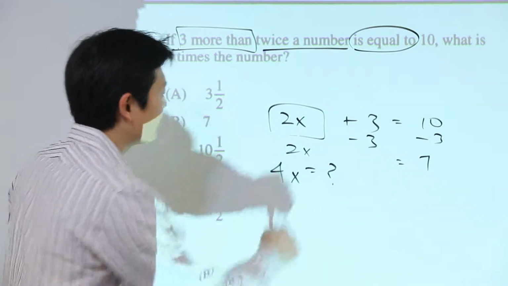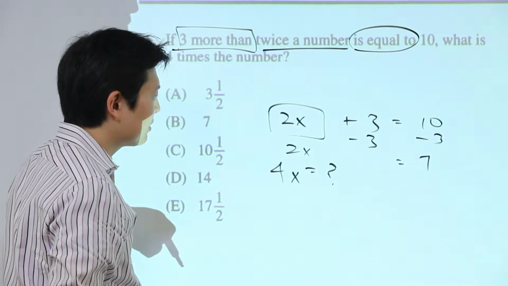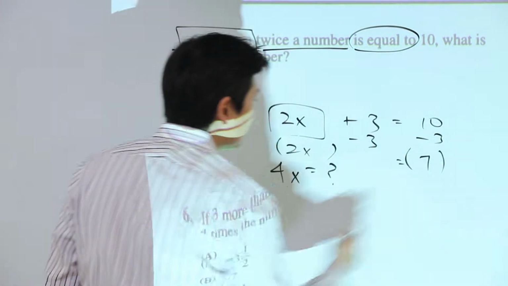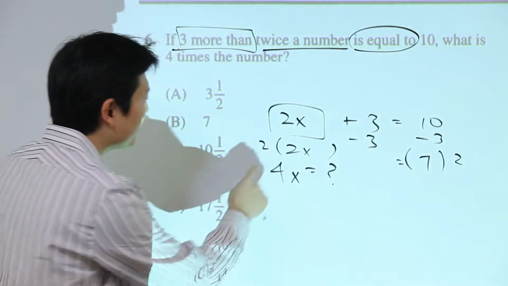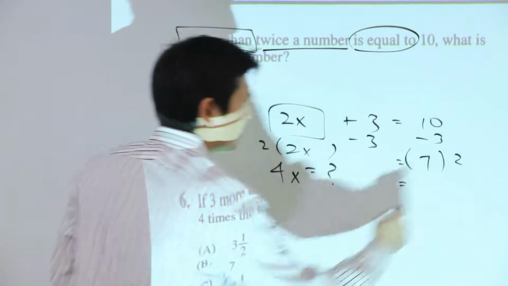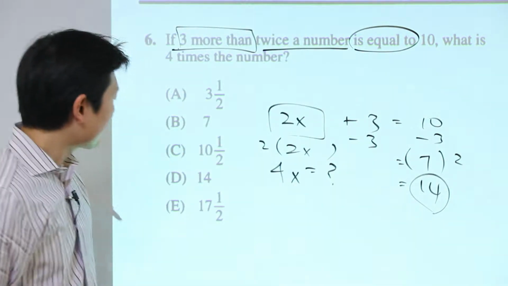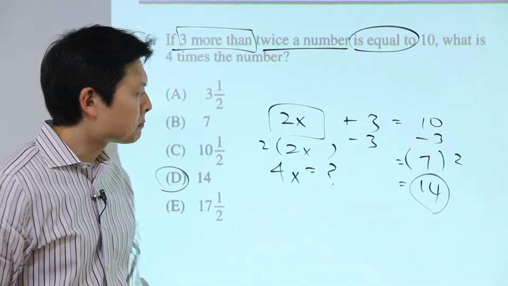All you need to do is take this equation, 2x equals 7, and multiply by 2 on both sides, right? So if I take both sides and multiply by 2, what I'll get is 4x equals 14. 14 is the correct answer to number 6. So D is the correct answer for this one.